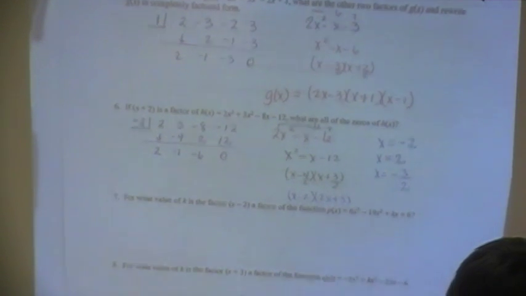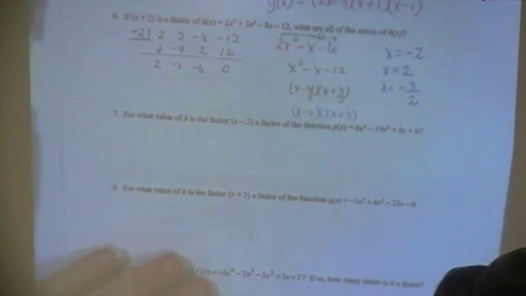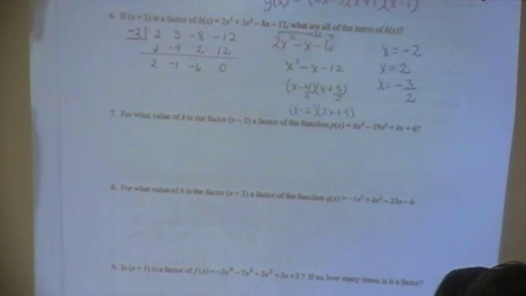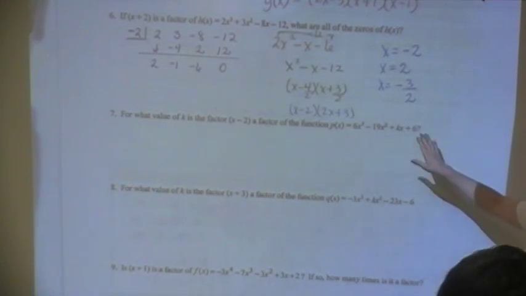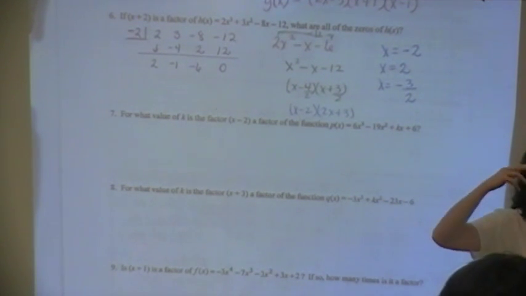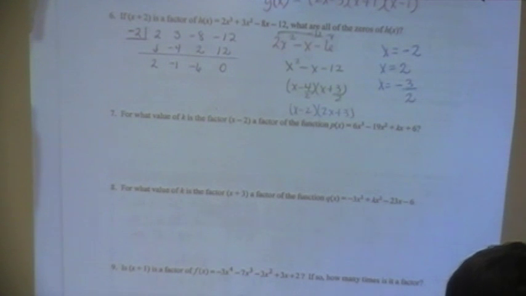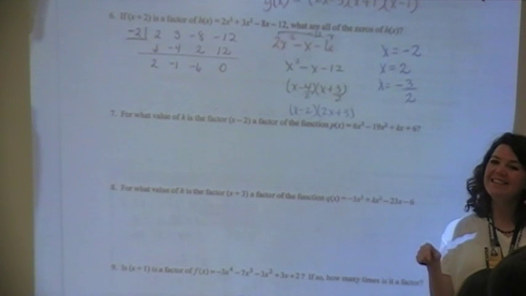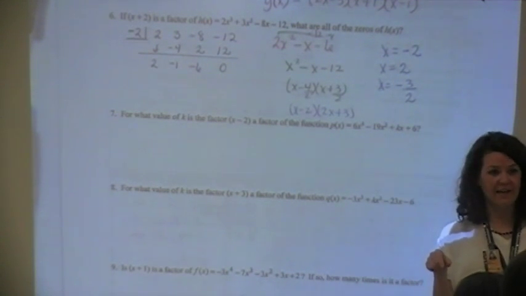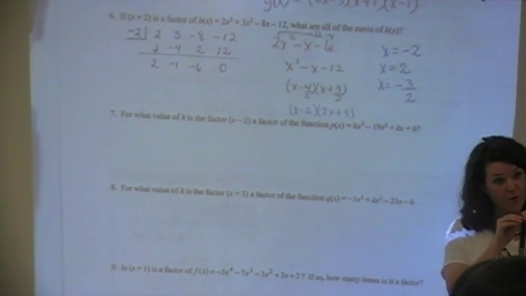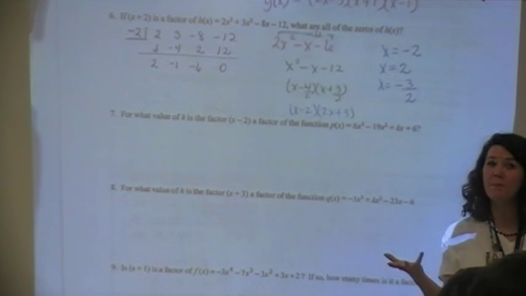Okay. Alright, so number 7 is a little bit different. It says for what value of k is the factor x minus 2 a factor of this function? Now this is going to take us back to what we did yesterday. If x minus 2 is a factor, what should the remainder be? 0. So remember what we did yesterday. If I take that value and plug it in, it should also equal 0. That's the remainder theorem.